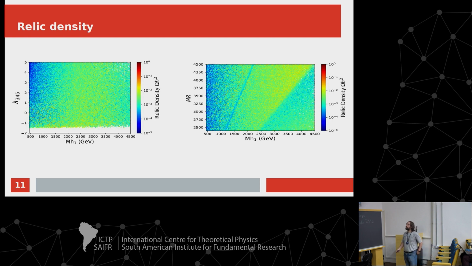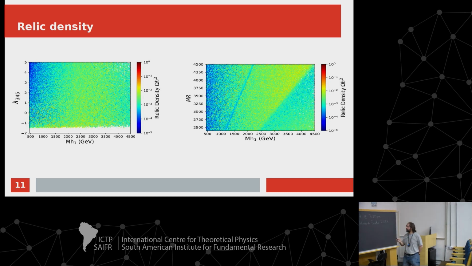Okay, these are two other plots for the relic density in terms of the mass of the dark matter candidate and the mass of the vector resonance. And you can see here the dip in the relic density caused by the resonant annihilation mediated by the vector triplet.